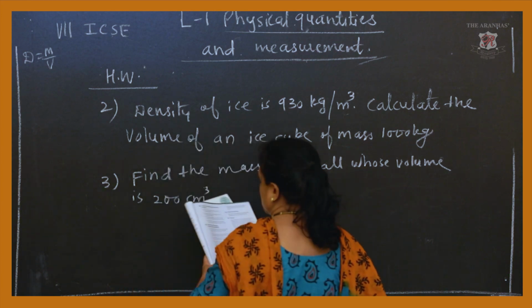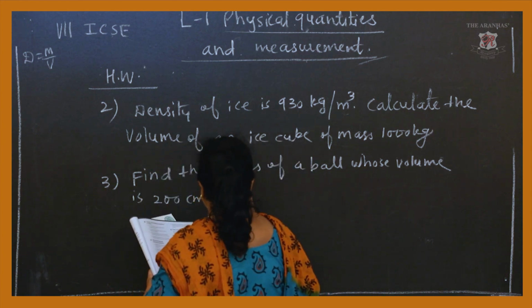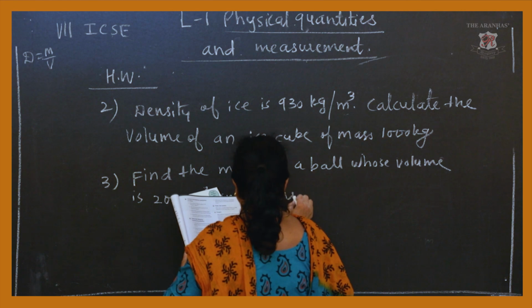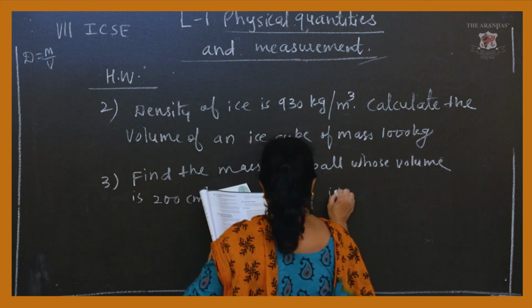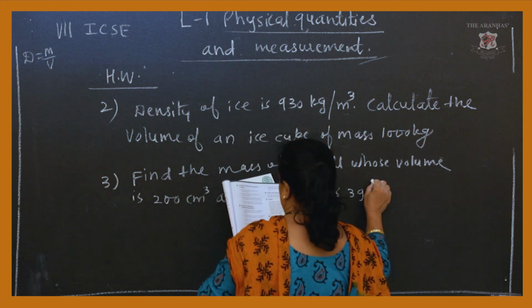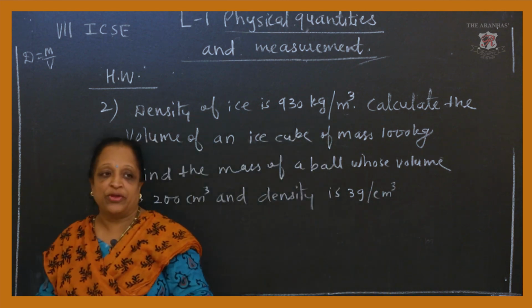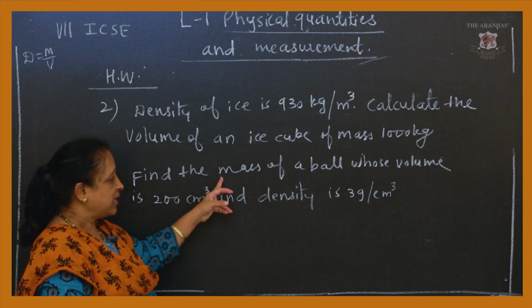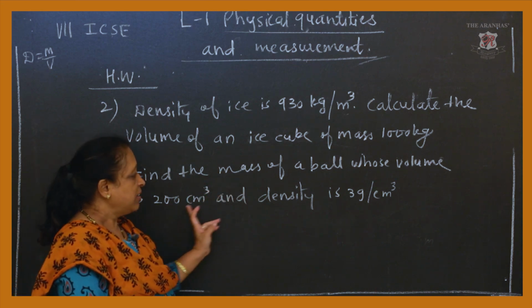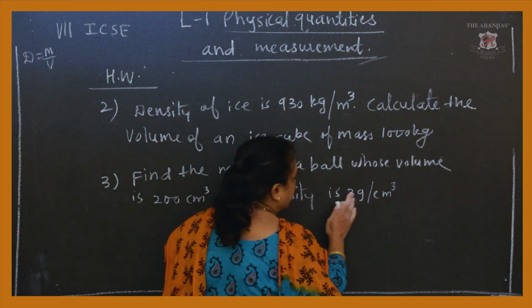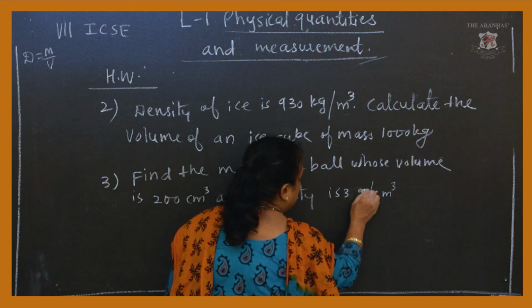So whose volume is 200 cubic centimeter and density is 3 gram per cubic centimeter. So obviously the mass which you are going to calculate in this sum will be in grams. This is not 3g, this is 3 gram.